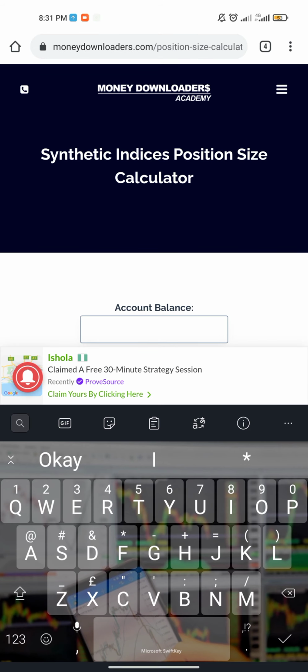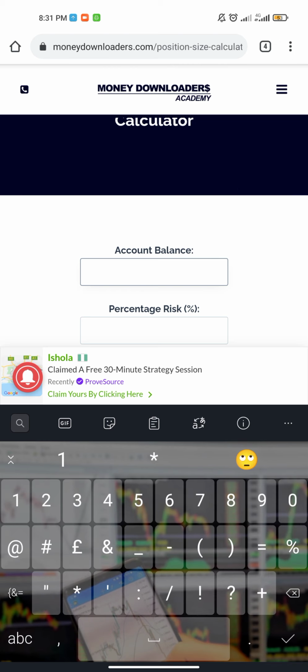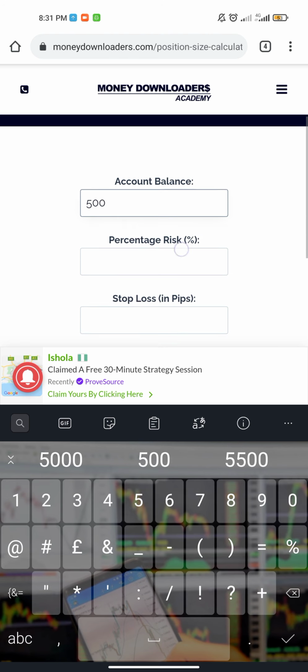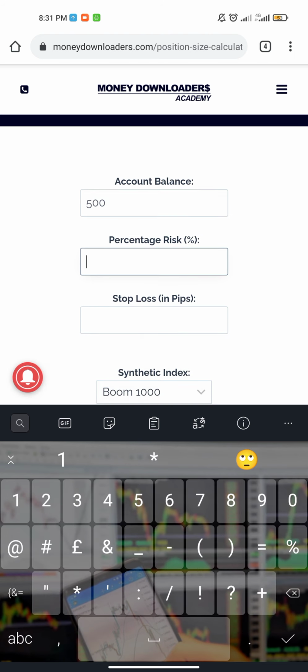The first thing here, like I taught last week, which is very simple, is: what's your account balance? For example, let's take $500. Now, what percentage do you wish to risk? I taught you last time that you should risk a maximum of 1 to 2% and a total of 10%, which means if you're risking 2%, 5 positions in total. If you're risking 1%, 10 positions in total.